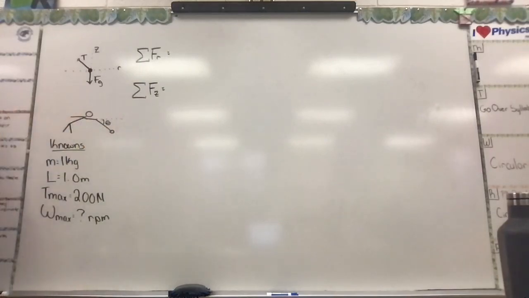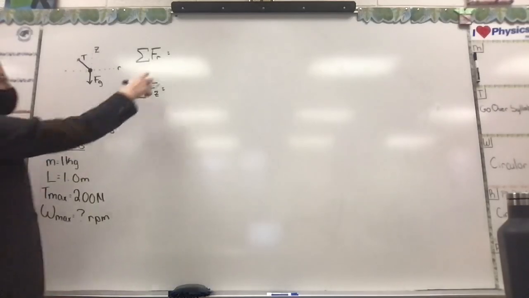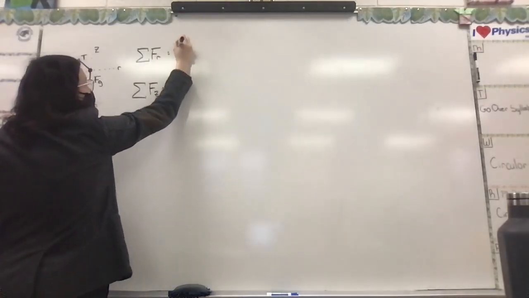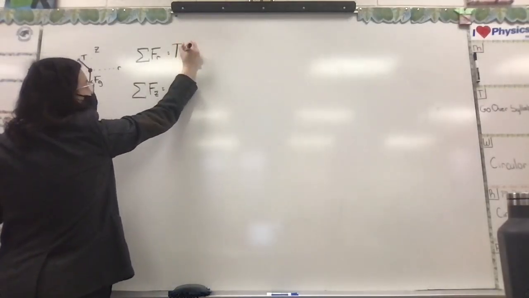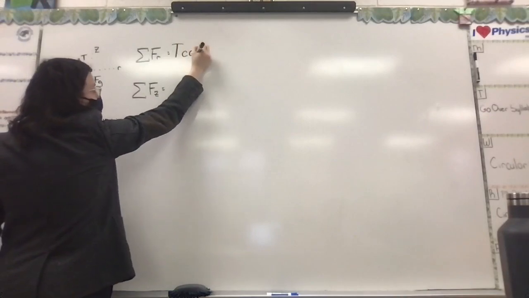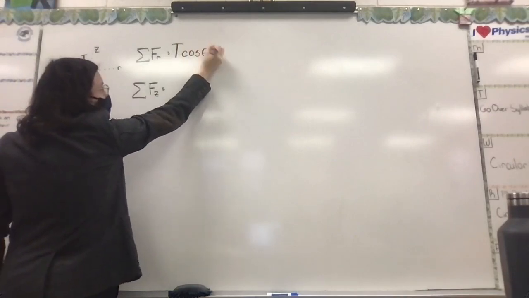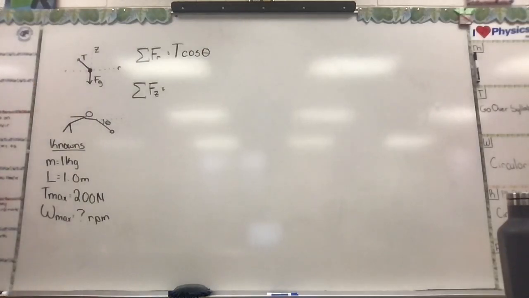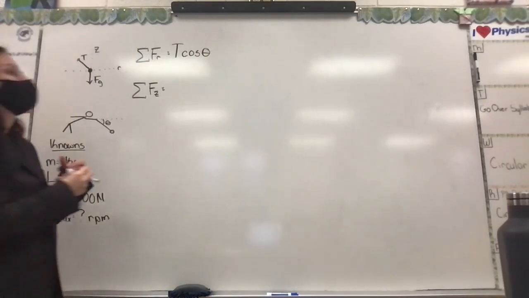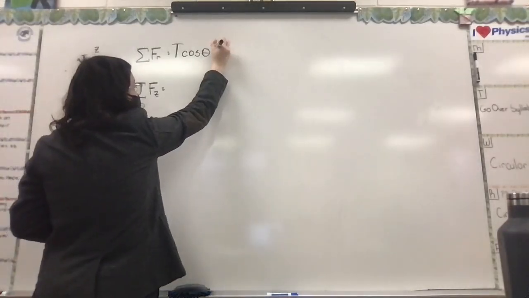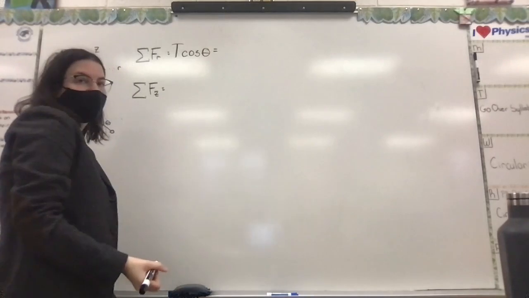So that means that up here, we have T cosine of theta. Is there anything else in the R-axis? No. Okay. Which means that, remember, it's always equal to MA, right?